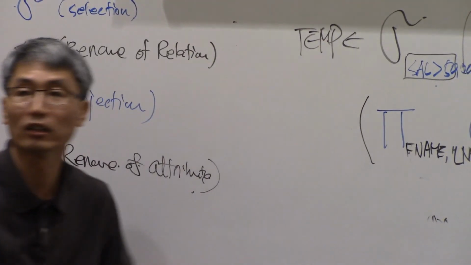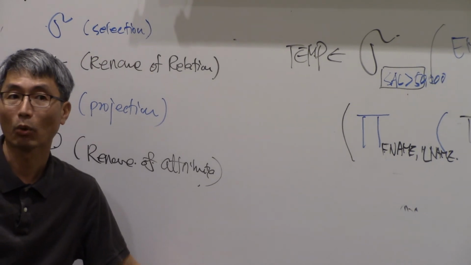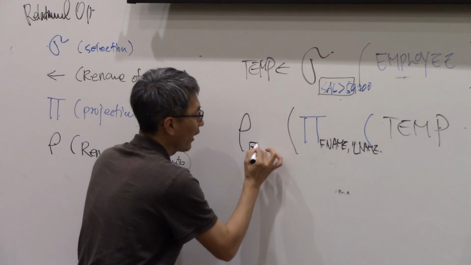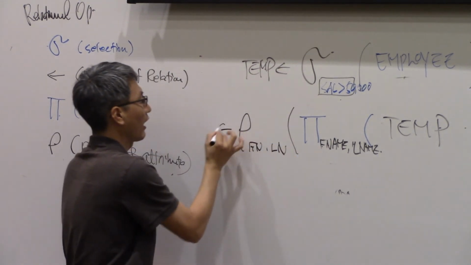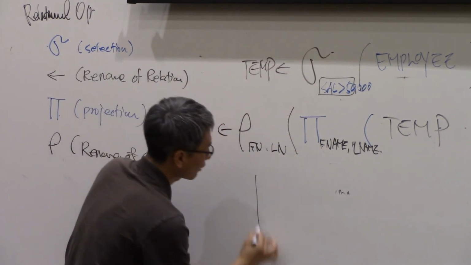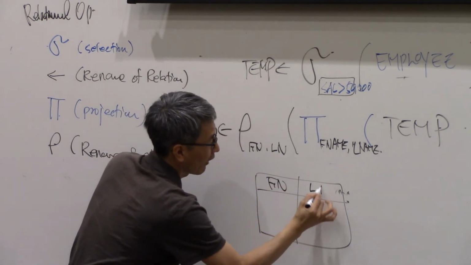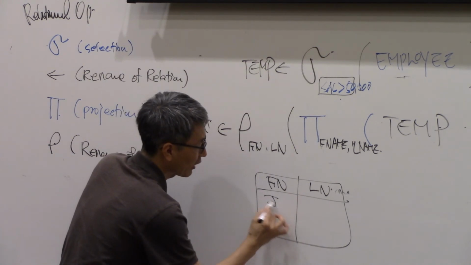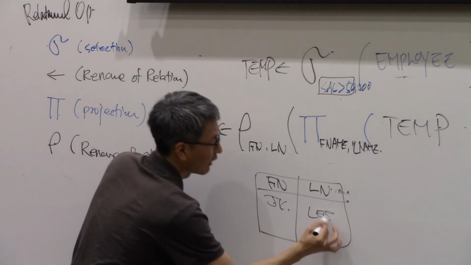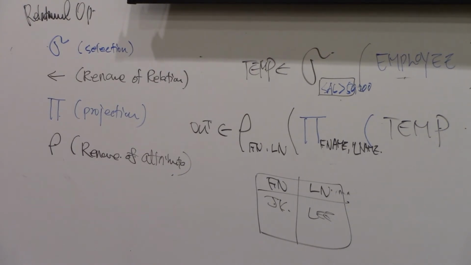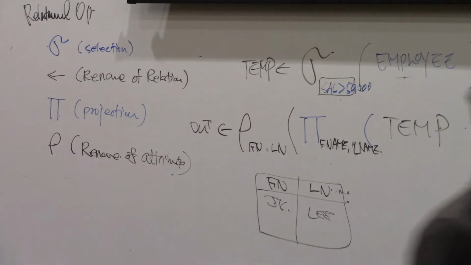Input is this. Or you can rename it, rho, then FN, LN, then output. So output is like this. Attribute names are changed to FN, LN, then J, K, and Li, like this. This is the rename. So we can make a relational algebra expression by combination of these basic operations.